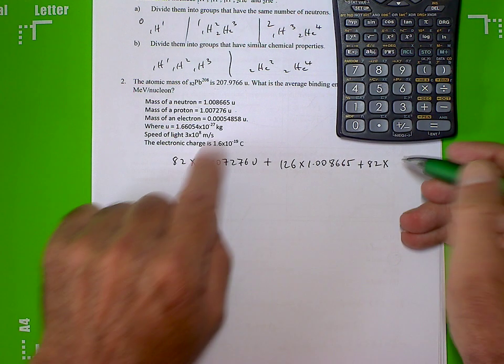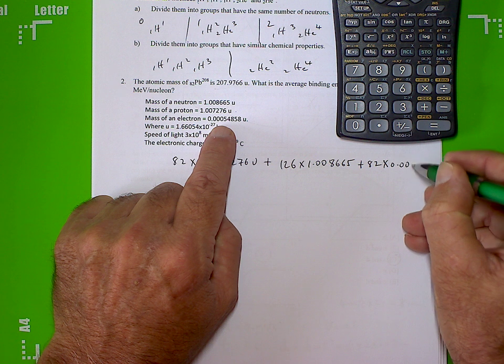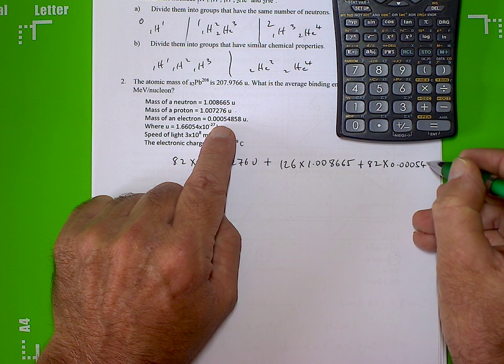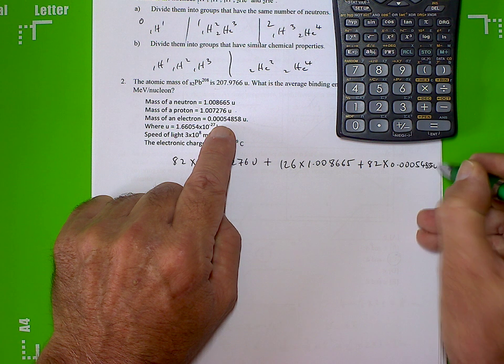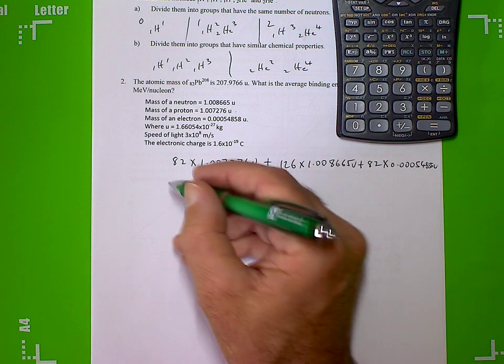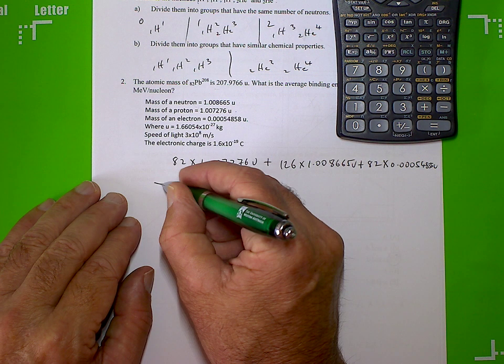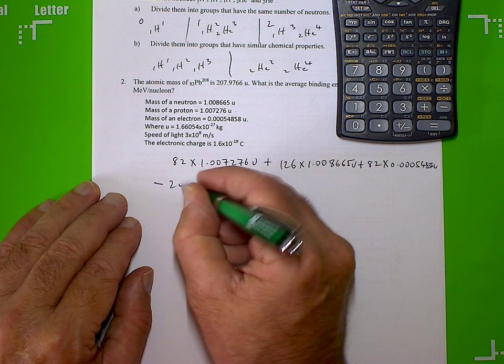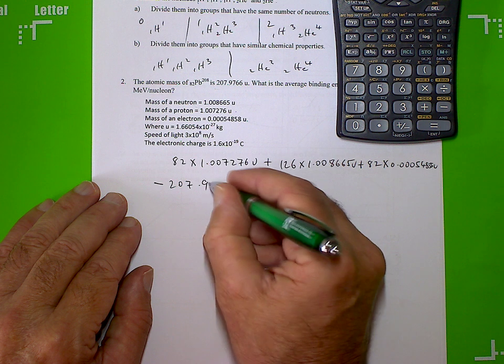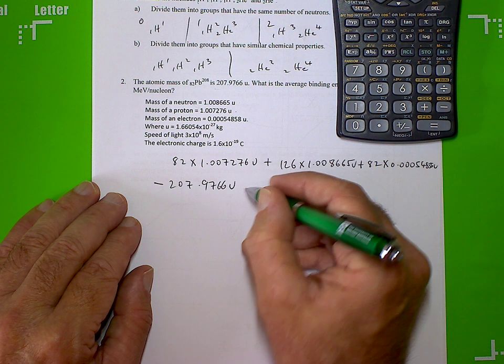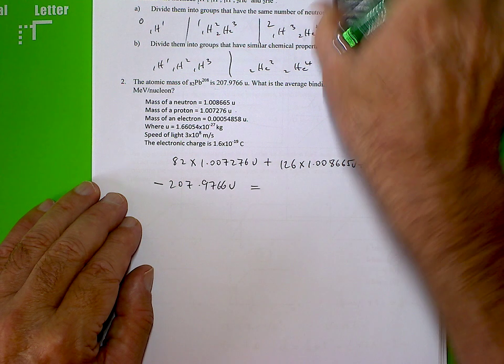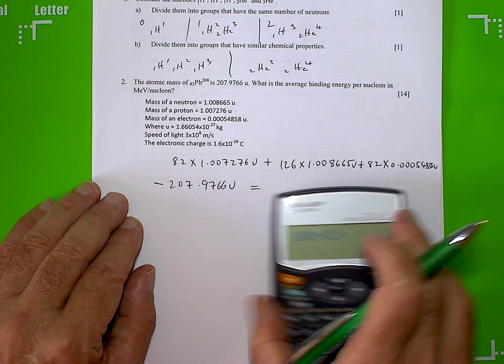So it's 82 times 0.000548858 U. And from that we need to subtract 207.9766 U.